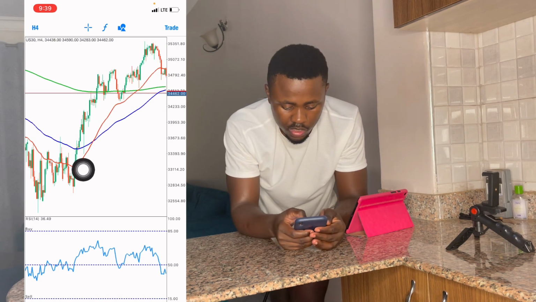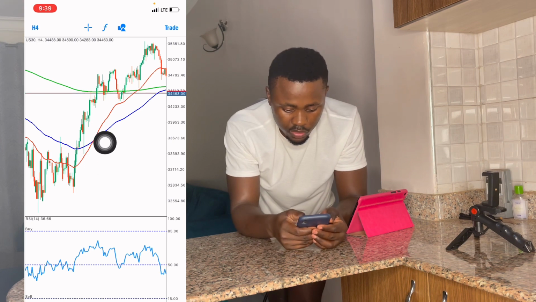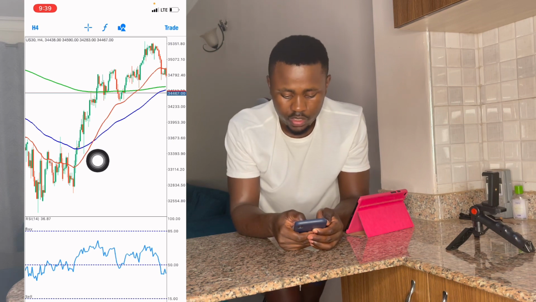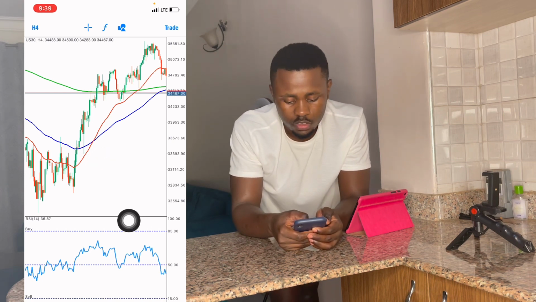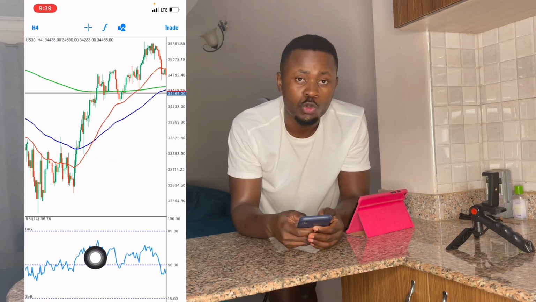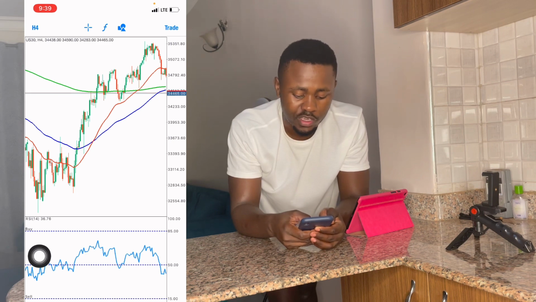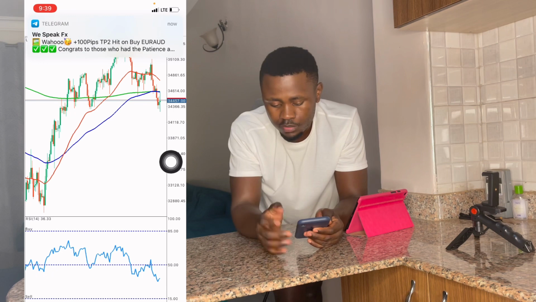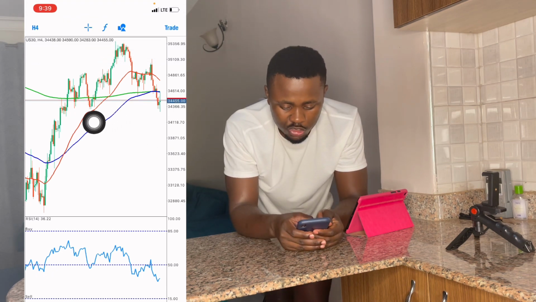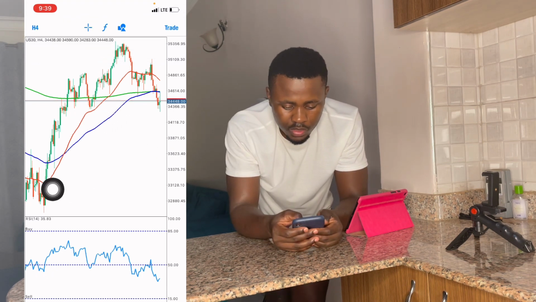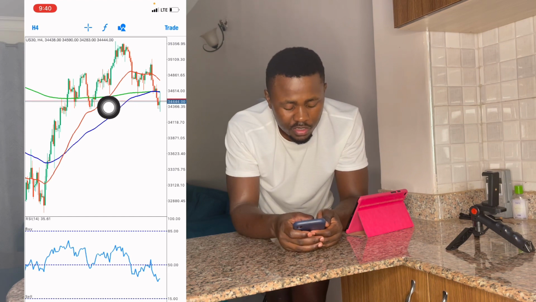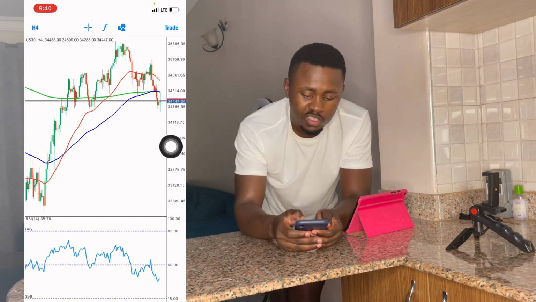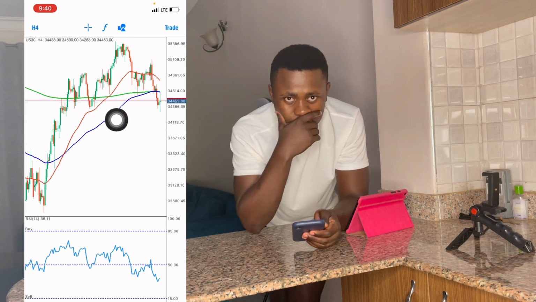So as I told you, when this red smooth moving average crosses the blue moving average, we take a trade. But you also have to take notice of the RSI. What's the momentum? Is the buying momentum too much or less? Then we would take another trade if the red smooth moving average crosses the green, meaning it has crossed both moving averages.